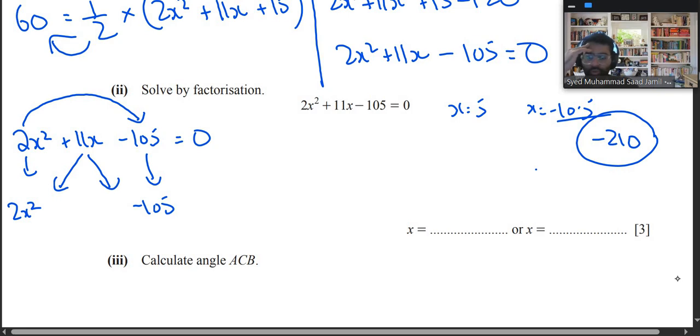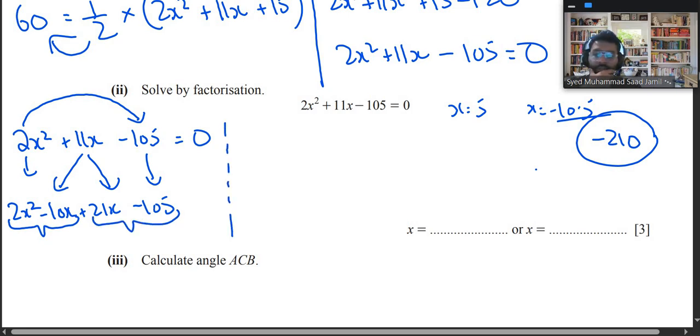So break it into two parts, plus 21x, or over here just write minus because it would help us in simplification. What were the two numbers? 21 and 10. Minus 10x plus 21x. So choose these two and then choose these two. In the first one, you will take 2x as common.